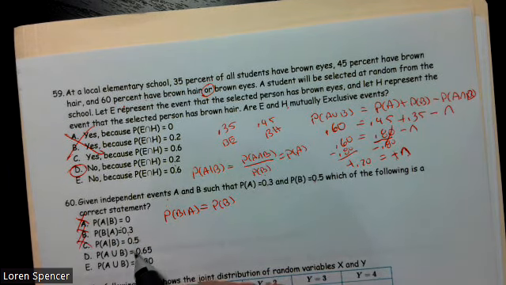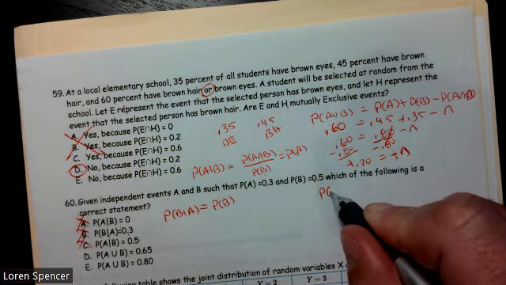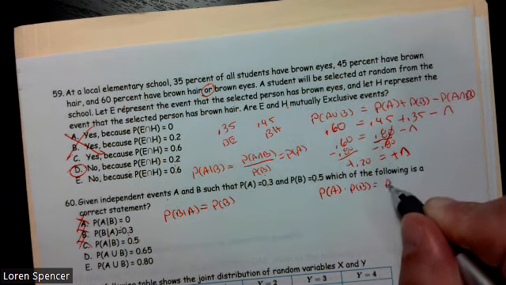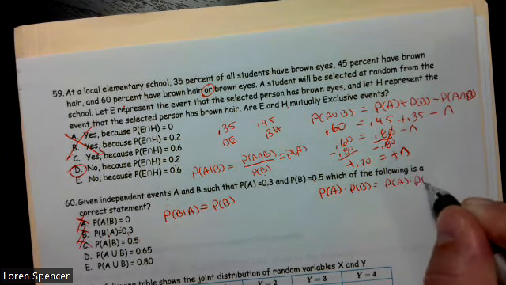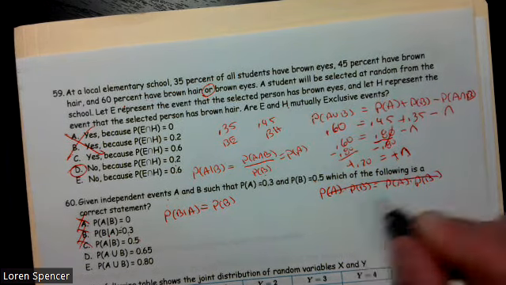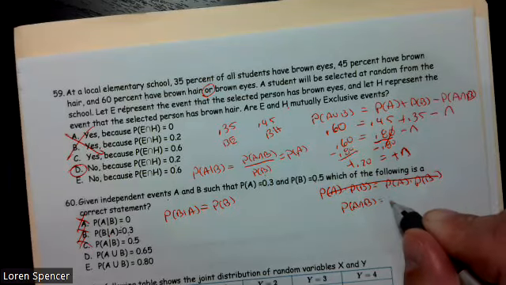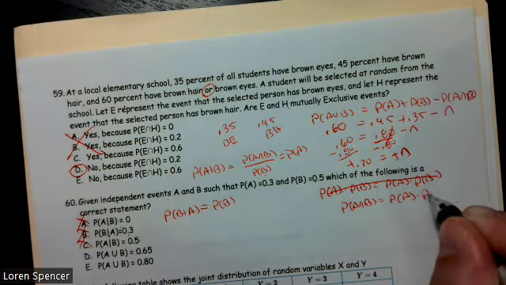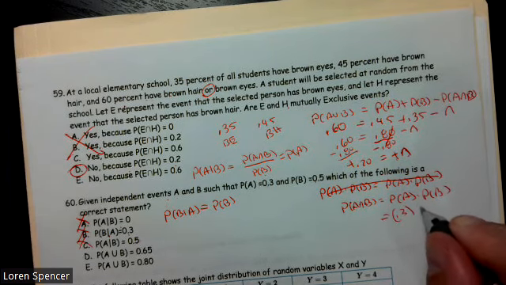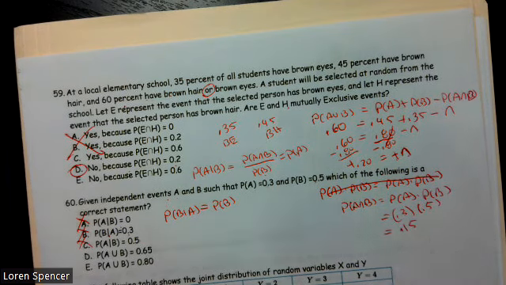So now we need to check out the A union B. Well, they're independent, so the probability of A intersect B equals the probability of A times the probability of B. So this equals 0.3 times 0.5. That equals 0.15.